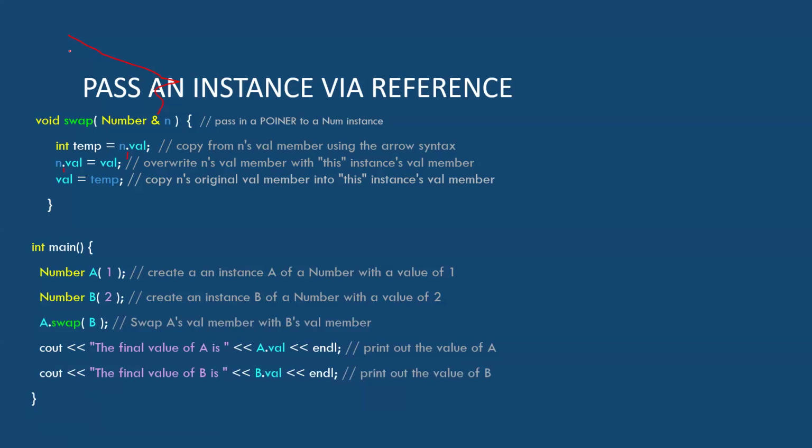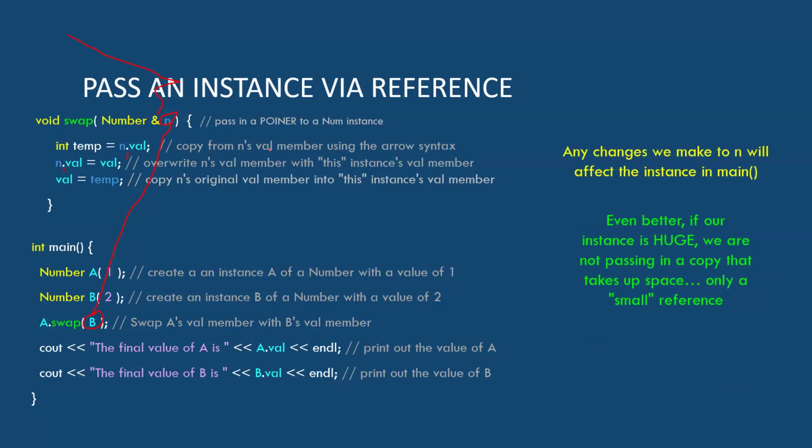So references are kind of like pointers. They're a little easier than pointers, less syntax to deal with. So if we pass it in and put that reference, it's just hooking this B permanently to this end. They're the same thing, okay? Kind of like a pointer, probably less confusing than a pointer, okay?